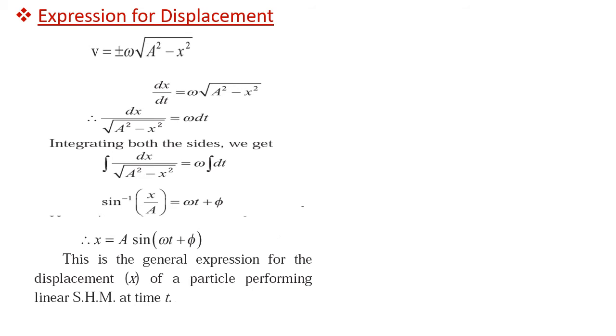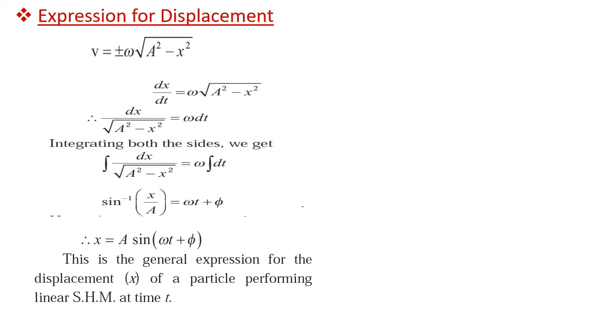Let us rearrange the terms. Let this dt be taken to the other side, and the term under the square root sign can be shifted to the other side. So we have dx upon under root a square minus x square is equal to omega into dt.